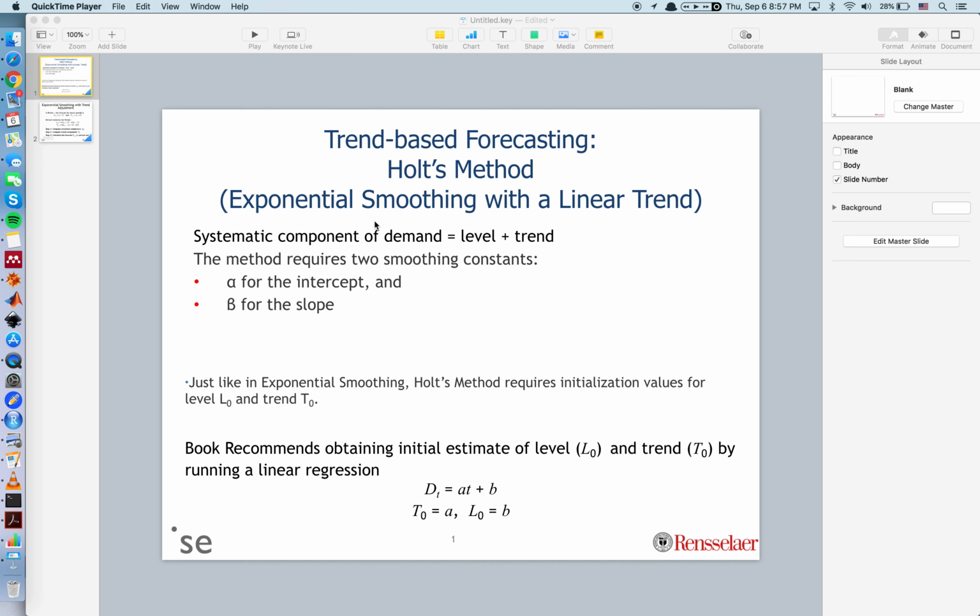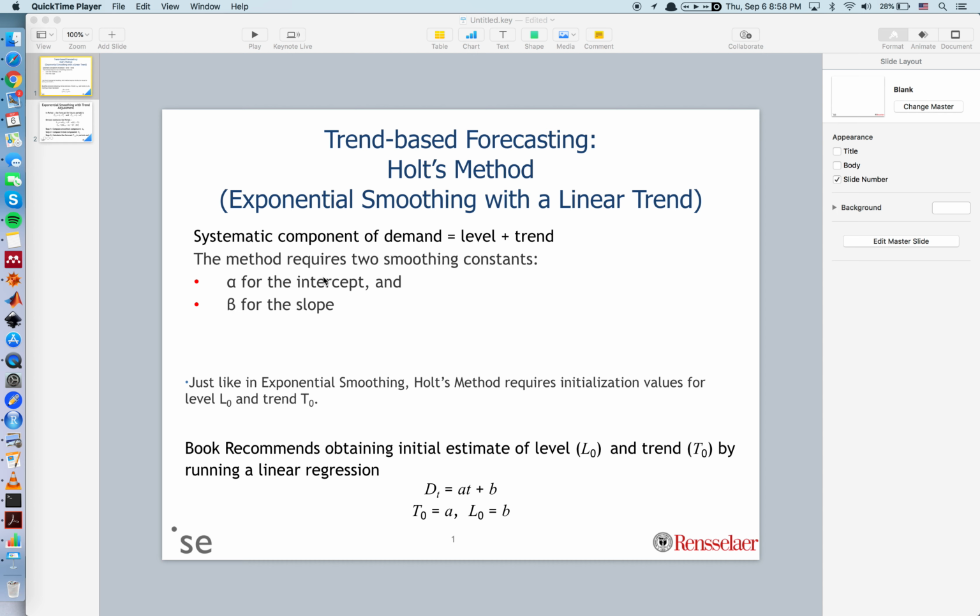Okay? So we're going to have now two parameters, alpha and beta, and that's because, similar to the exponential smoothing method, where past data was intended to be less relevant than more recent data, the same is applicable here, but we have to estimate two things, the level and the trend, so it's convenient that both of those may have different smoothing constants, which we call alpha and beta.